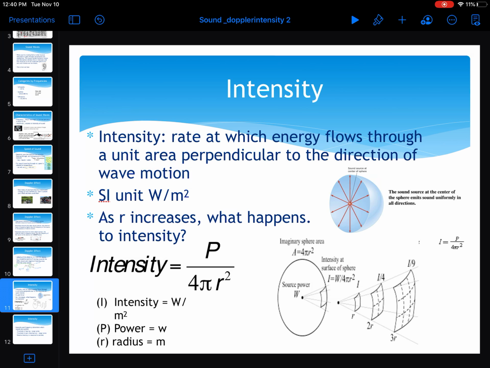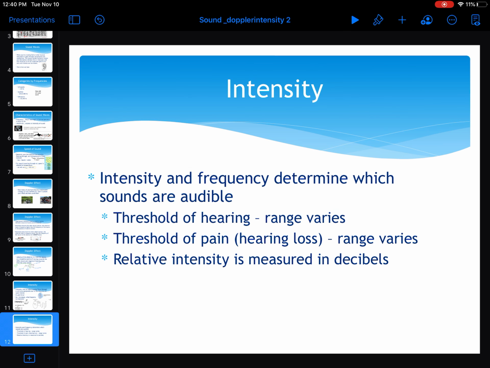Because that sound wave is being spread out so that it is basically being divided up so that all of the different space can hear that sound. The farther away you get, the lower the intensity. So here it just simply says that intensity and frequency both determine the sounds which we are able to hear.